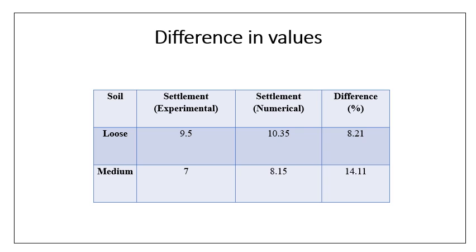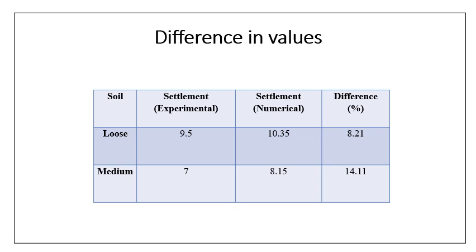The difference between the maximum settlement values in both experimental and numerical is given in the table. As we can see, in loose sand it is 8.21%, and in medium sand it is 14.11%.